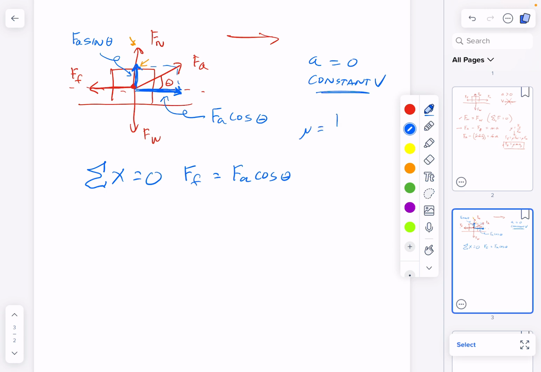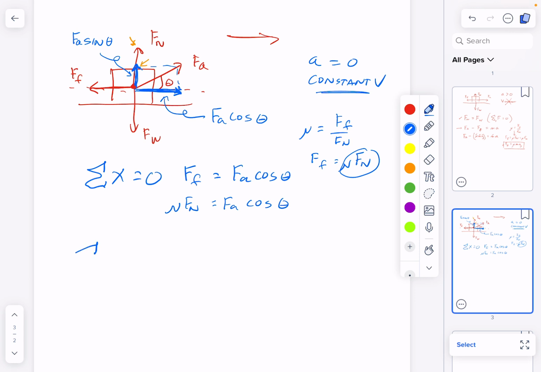If mu equals the force of friction divided by the normal force, then my force of friction equals mu times the normal force. And I can plug this in for F sub F. So I have mu normal force equals Fa cosine theta.